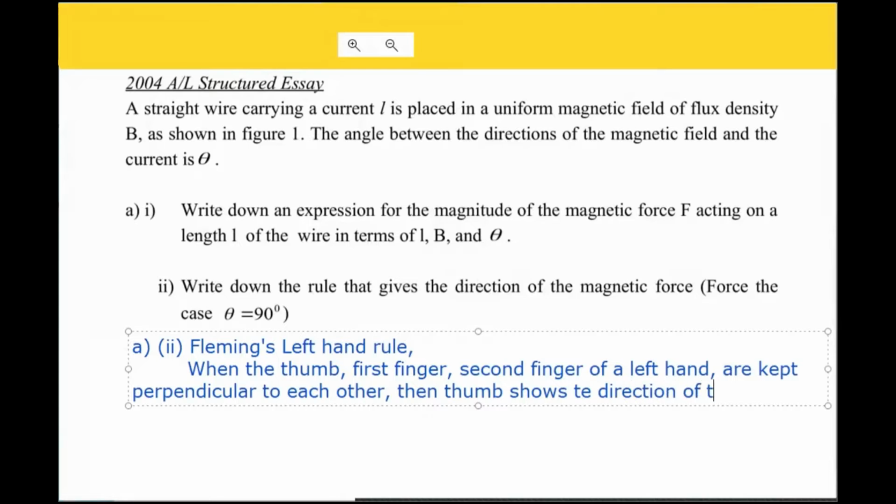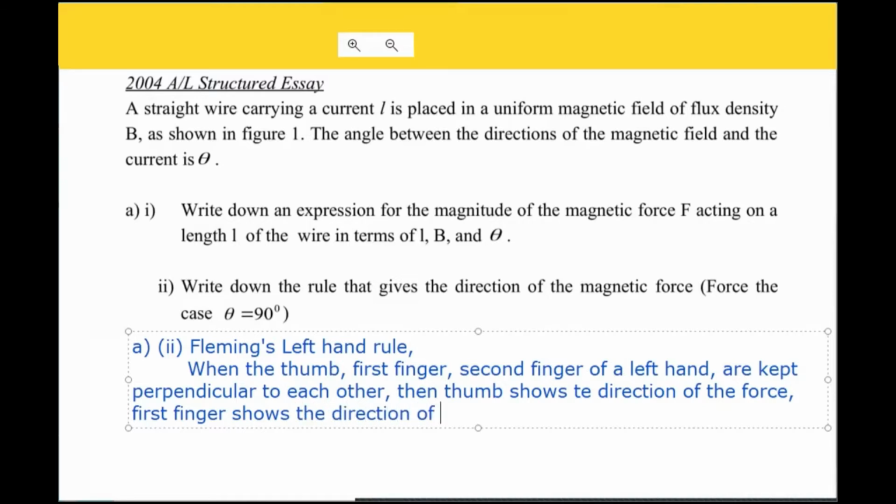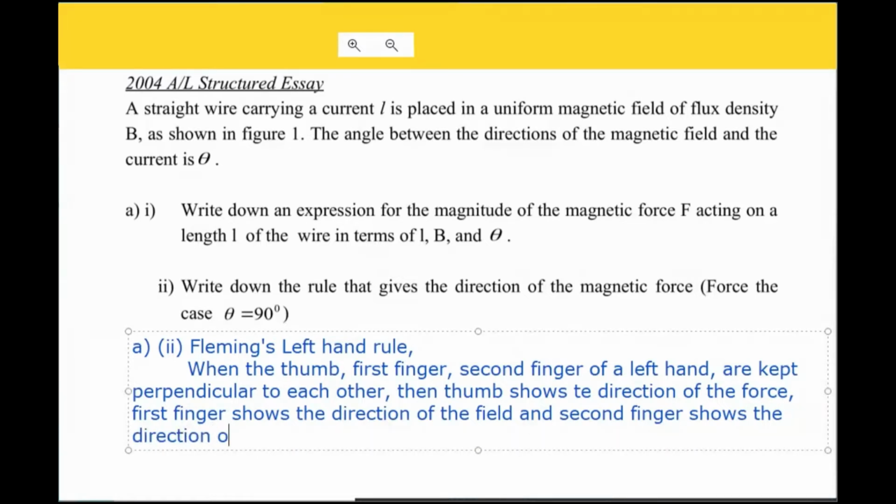The first finger shows the direction of the field, and the second finger shows the direction of the current.